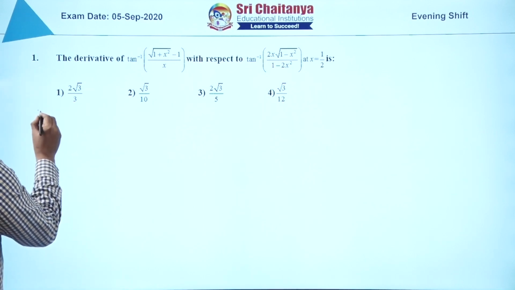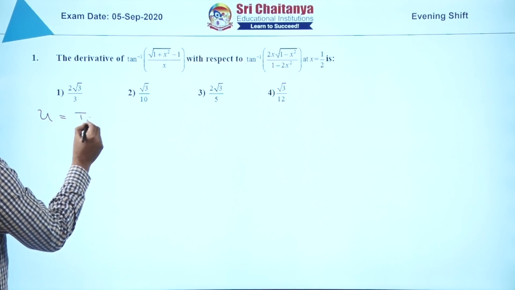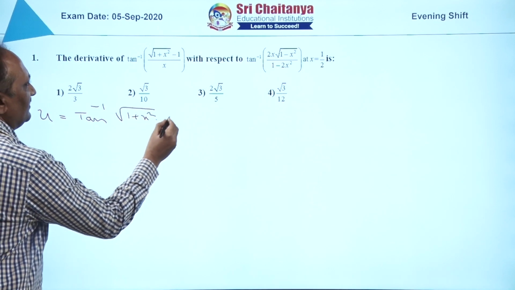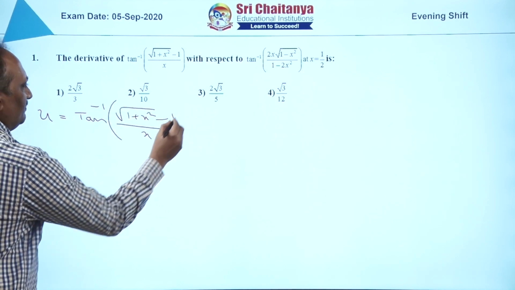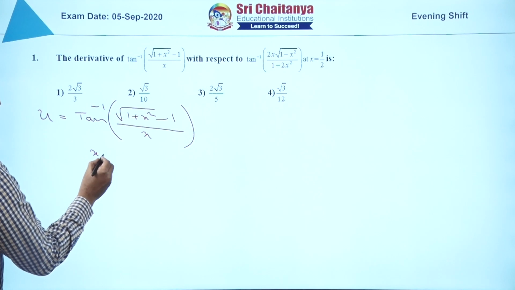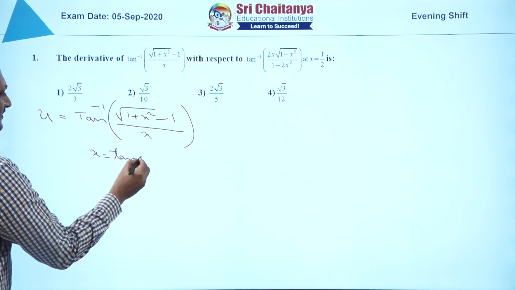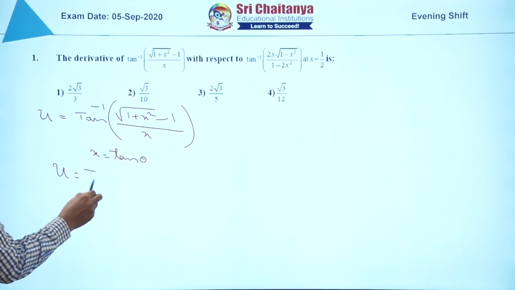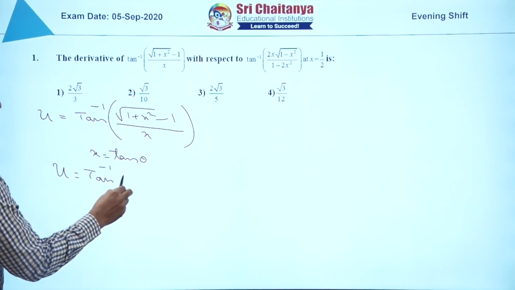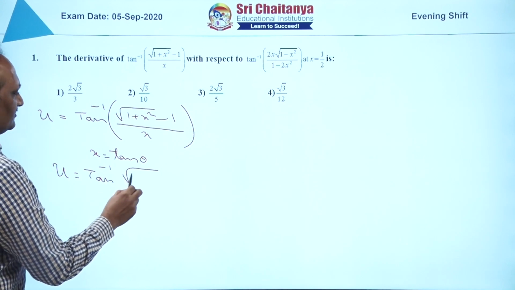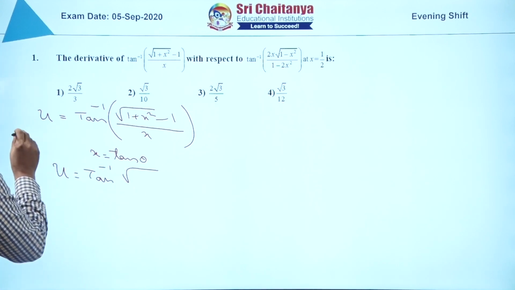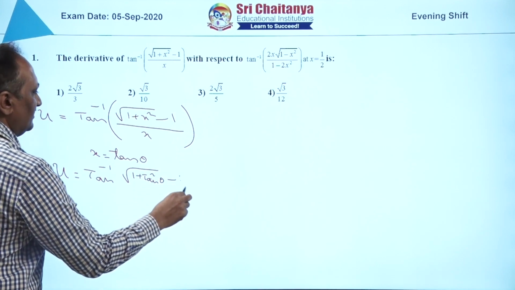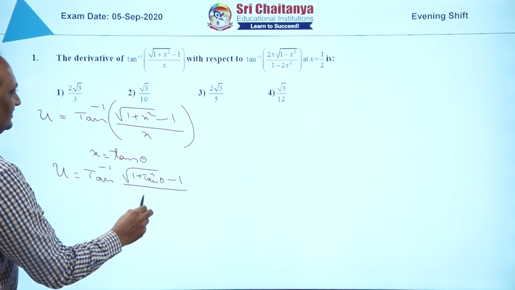Here suppose u is nothing but the first function, tan inverse of (root 1 plus x square minus 1) by x. By taking this as first function, let x equal to tan theta. By taking x as tan theta, the value of u becomes tan inverse of root of 1 plus tan square theta, that is nothing but secant theta, minus 1, by x, which is nothing but tan theta.